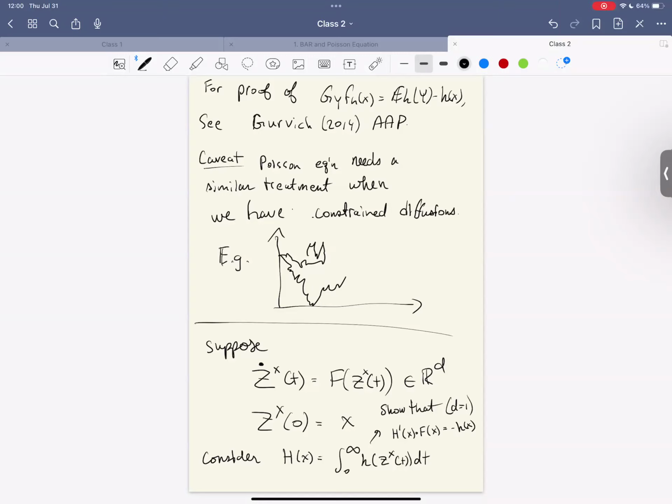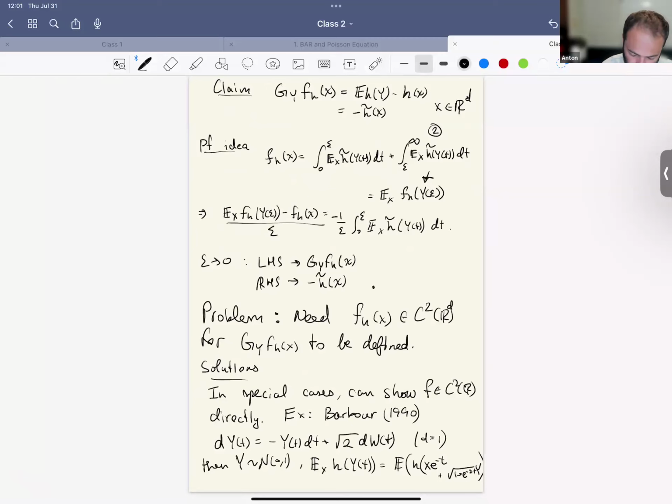Maybe just one quick question. So when you say F is C2, you're basically thinking of the collection of H's for which we'll get an F that is C2. Yes, you're right, exactly.